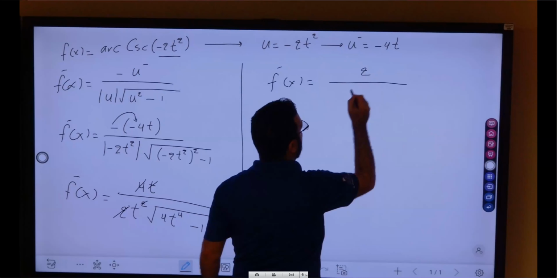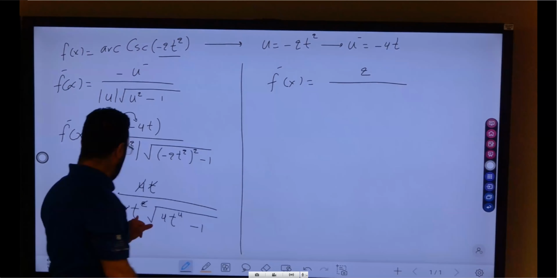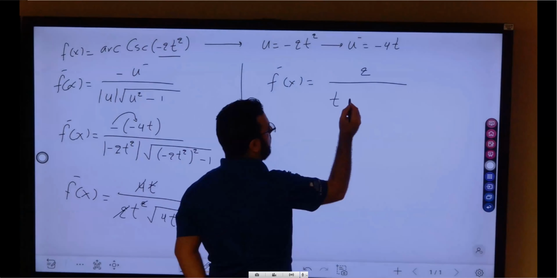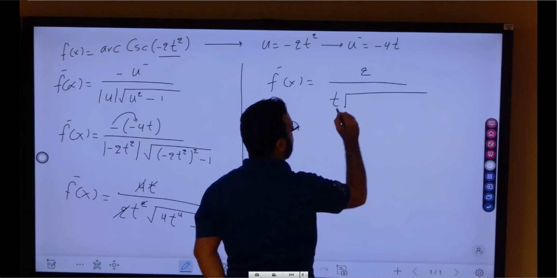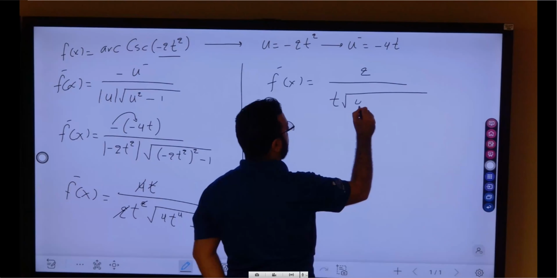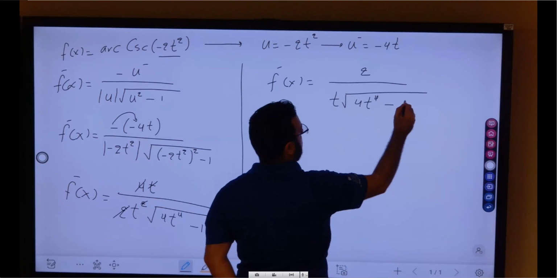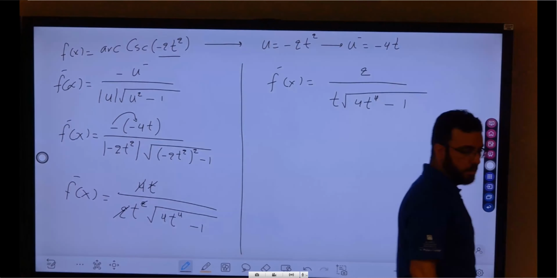So 2 over, from here only 1t is left, so 2 over t, square root of 4t to the power 4 minus 1. That's it.